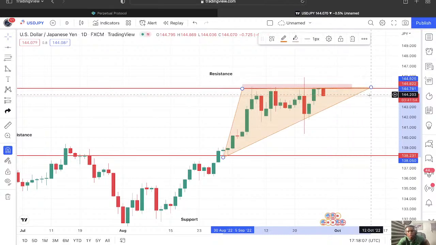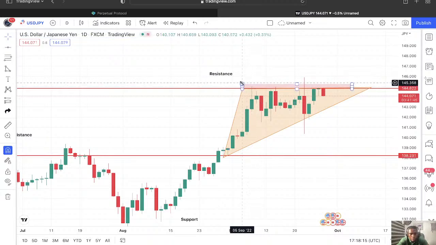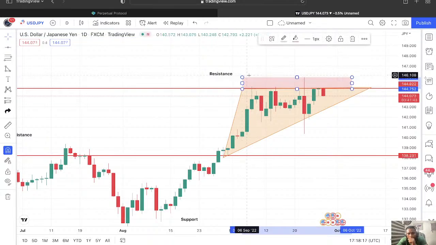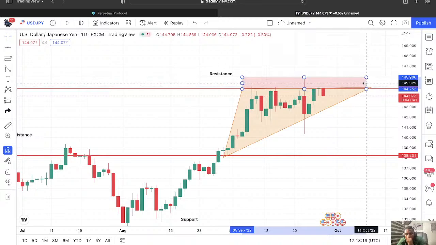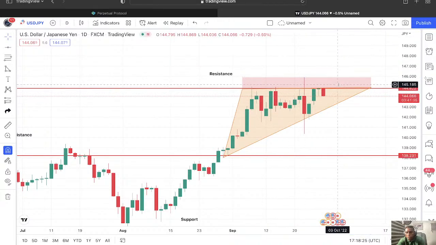So you will see clearly that price has been leaning towards this direction here. You see that? Price leaning towards this direction says a lot.